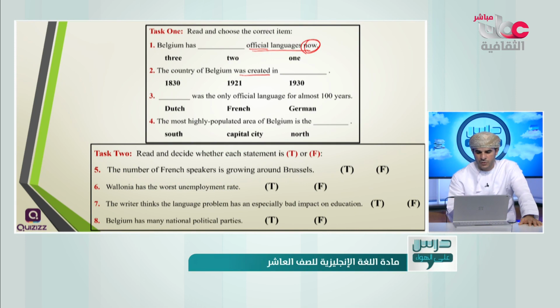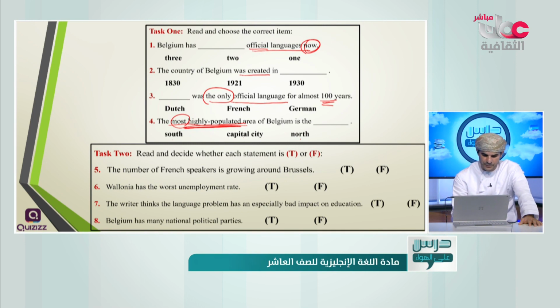Dutch or French or German was the only official language for almost 100 years. Which language was the only official one? The most highly populated area of Belgium is the south or capital city or the north.